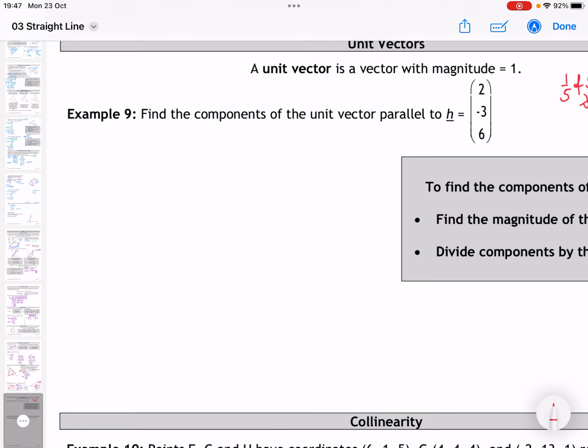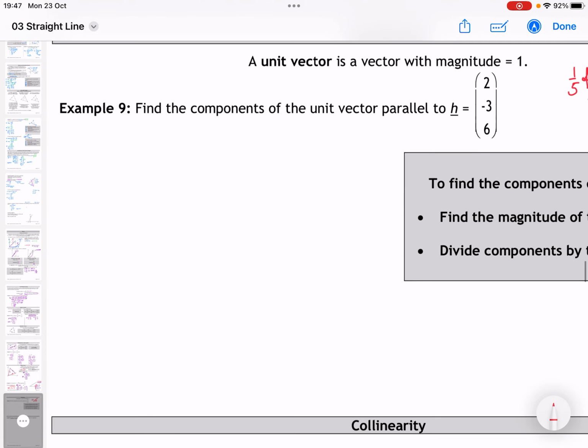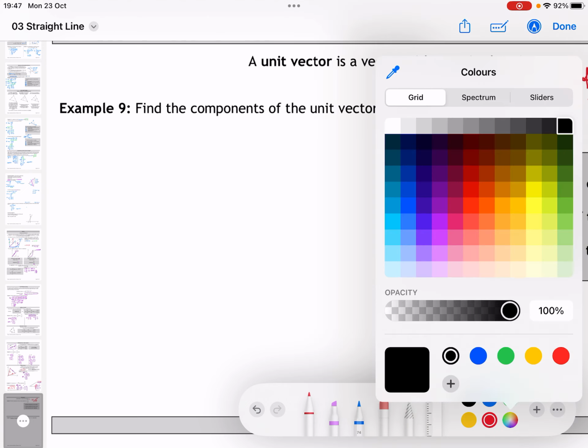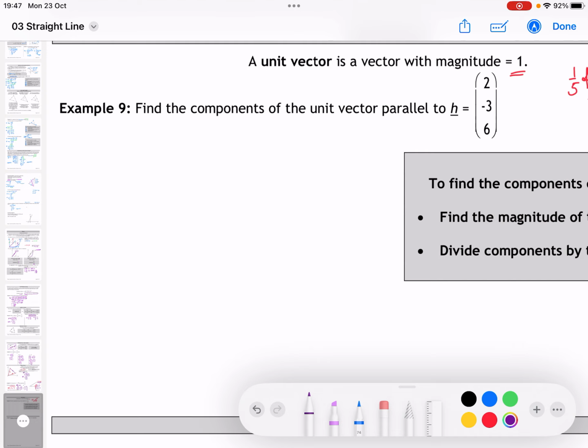So, to find a unit vector, which is a single portion with a magnitude of 1, we need to work out what the magnitude of the vector actually is first. So the first thing we need to do is find the magnitude of h.